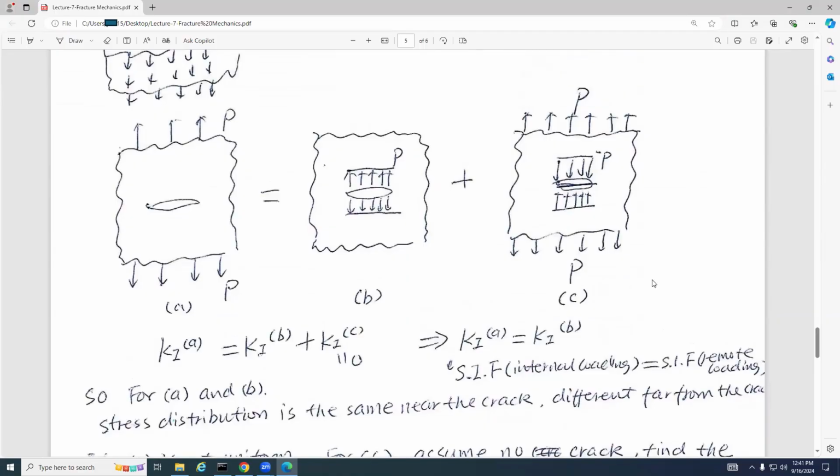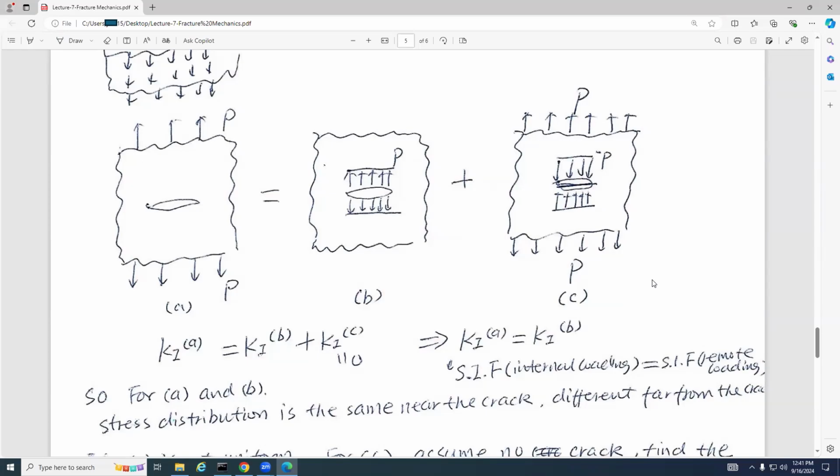Another example is this. I have the same principle. For this one, suppose this is a specimen, the same specimen for the three conditions. For the first condition, I apply the remote load P. The result will be equal to, first, I have a lowercase p just on the crack, in the neighborhood of the crack.